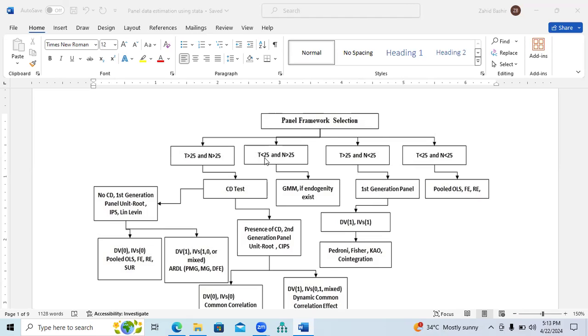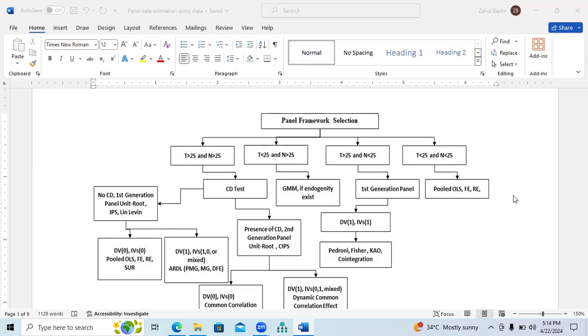On the other way, we can say that time dimension would be less than your cross-sectional dimension. So in that case, we are going to consider the dynamic panel data analysis, where we are going to use GMM if endogeneity exists. So first of all, you need to understand the specific detail of dynamic panel data analysis.